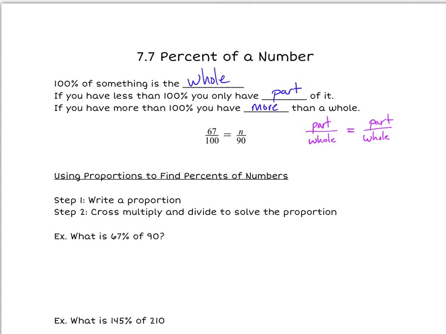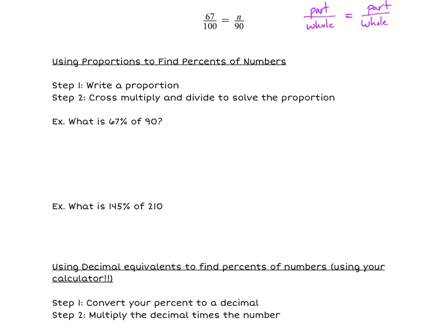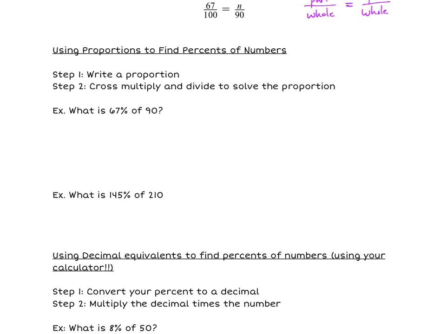A lot of the questions this time are going to be in word form like this. I'm going to give you a couple hints on that. The book will have the words for you. So the book may say something like, what is 67% of 90?